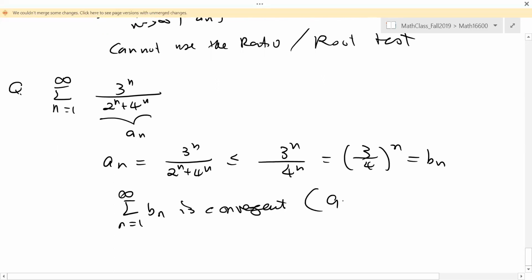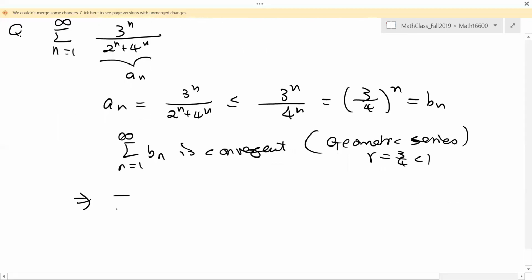Why? You can say geometric series, and r is 3 over 4, less than 1. Everybody knows what we're talking about, right? You have to say geometric series. This implies the series is convergent by the comparison test.